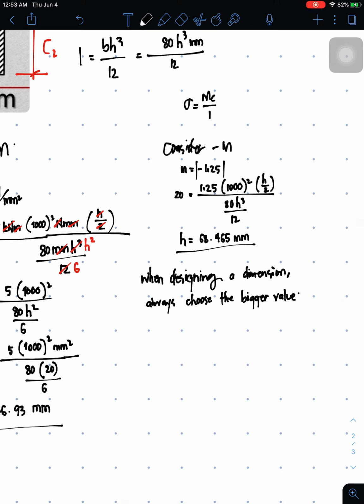Unlike with P, whenever we decide on the maximum load, we choose the smallest load, and that's investigation. But this one is designing for a dimension, so always choose the bigger value.